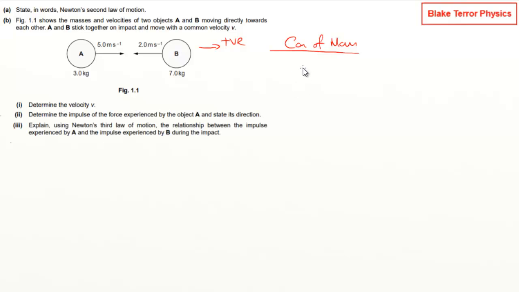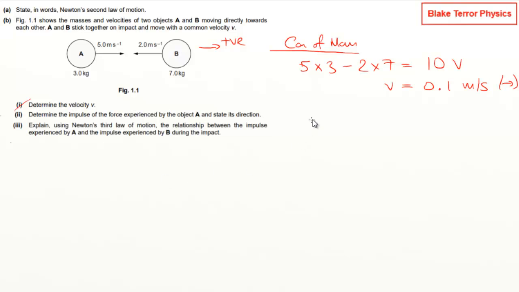So beforehand, we've got 5 times 3 for A. We've got to take off 2 times 7 because it's moving to the left, and that is going to be equal to our total mass of 10 when they stick together, multiplied by the new velocity. So we've got 15 minus 14, so v is going to be equal to 0.1 meters per second, and that's going to the right.